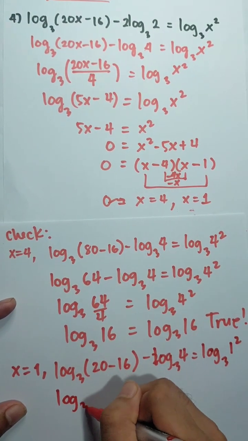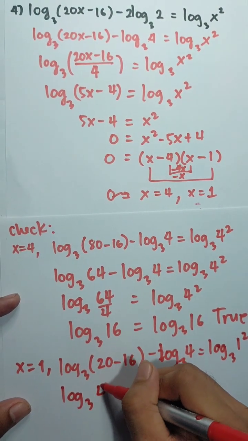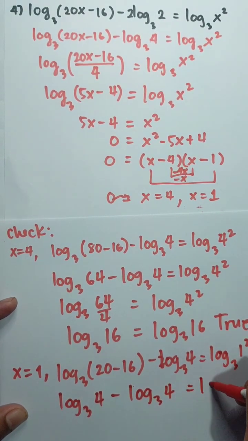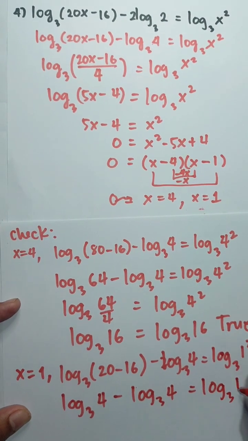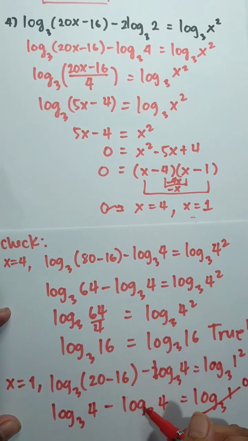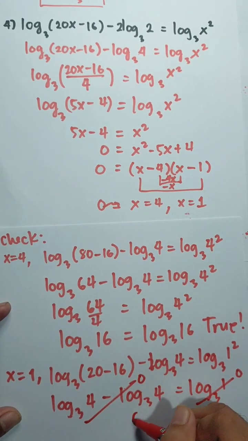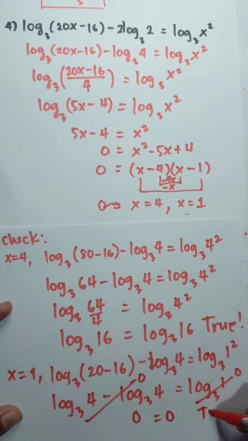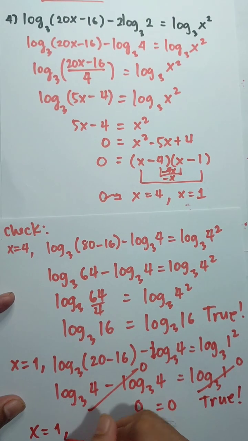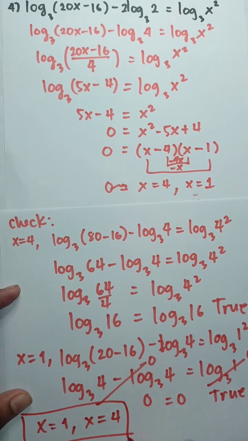This is now log base 3, 20 minus 16 is 4, minus log 4 plus log base 3 of 1. Log of 1 is just equal to 0. And this one, they're the same, so it's equal to 0 as well. So 0 equals 0, that means it's true. So x equals 1 and x equals 4 are solutions of the equation.